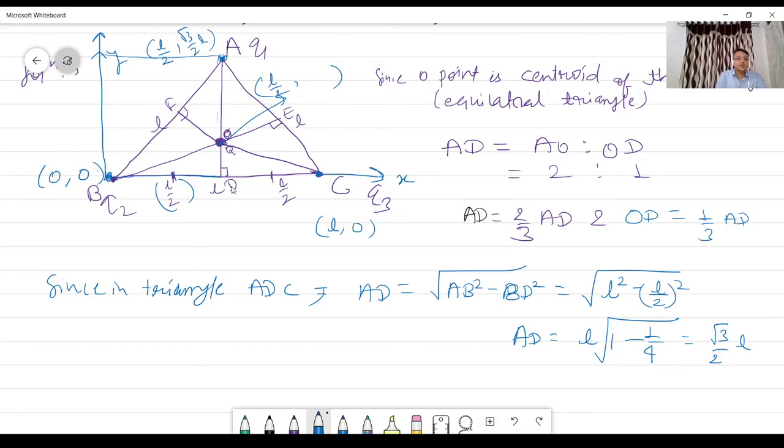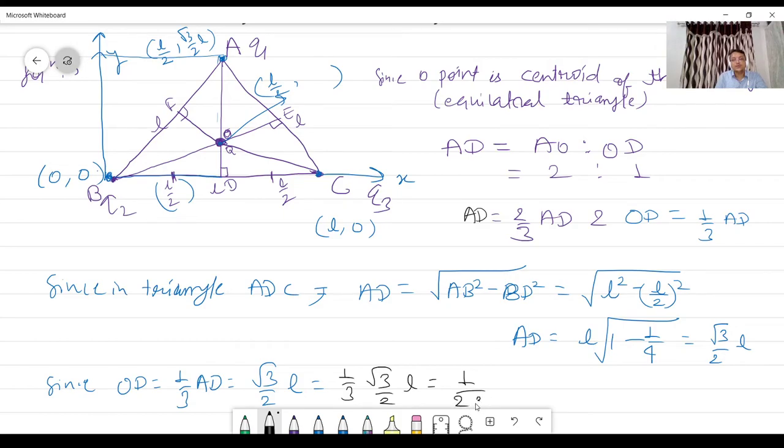So to find this, I'm using the rule that OD is equal to 1/3 AD, and since AD is root 3/2 L, I can write that it is 1/3 into root 3/2 into L. So it will be 1/2 root 3 into L.